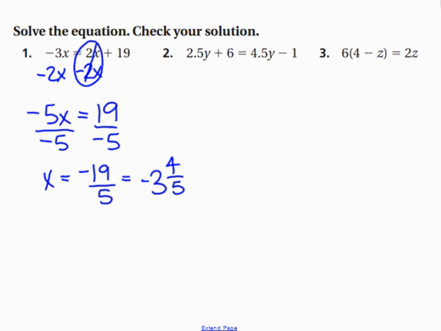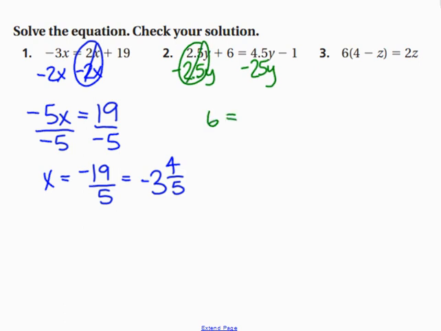All right, number 2. My options are subtracting 2.5y or subtracting 4.5y to get variables together first. 2.5 is smaller, so I'm going to start by subtracting 2.5y. So this is a zero pair.